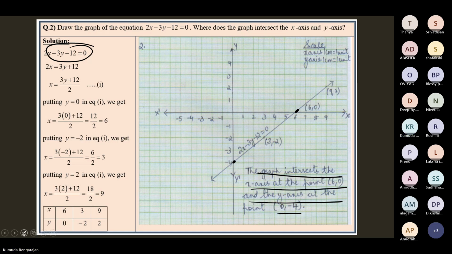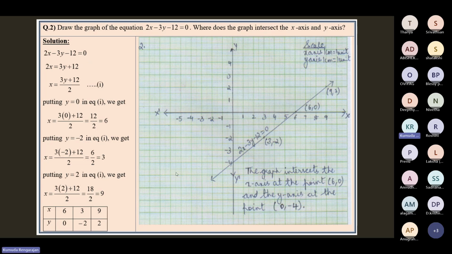So it's very, very simple, children. We'll see it again. We are given an equation. Step 1 is to write x in terms of y or y in terms of x. Here, I've written x in terms of y. Then give 3 different values for y and find the corresponding values of x.